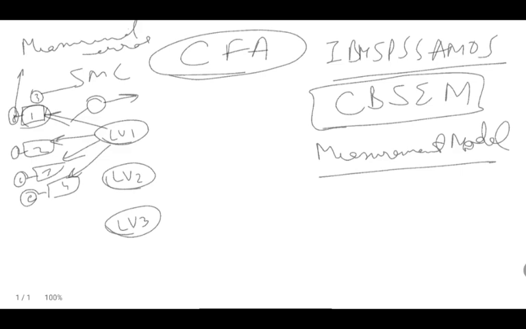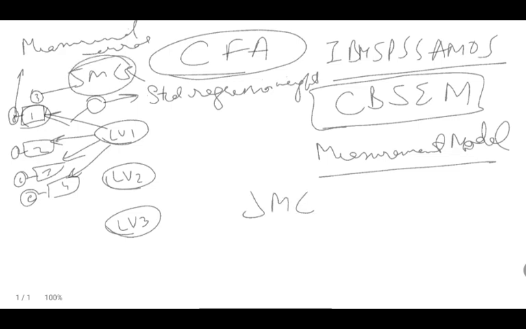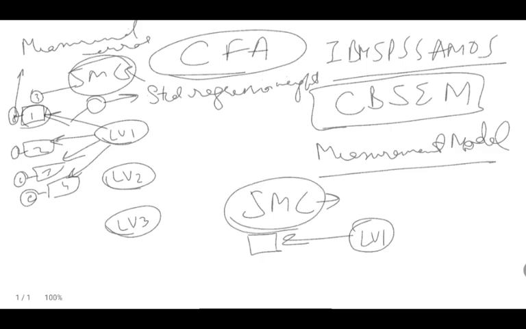When you square the standardized regression weight, you get the squared multiple correlation. This squared multiple correlation tells you how much variance of that indicator is explained by the latent variable it is representing. So this is SMC, squared multiple correlation.